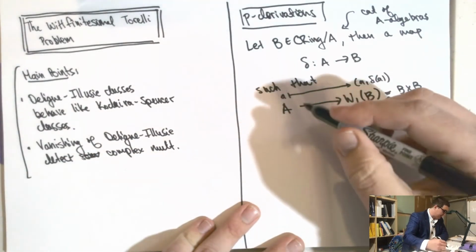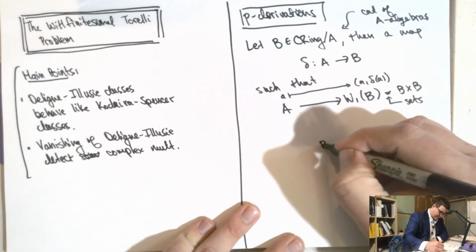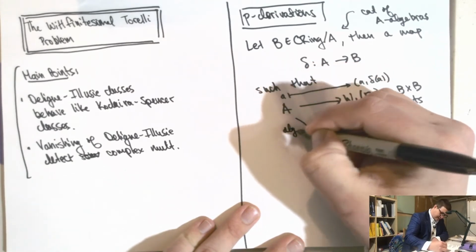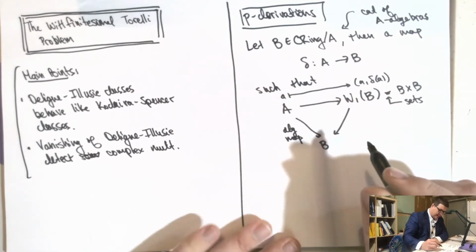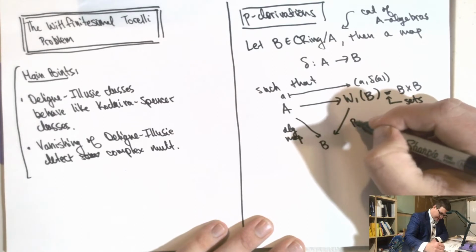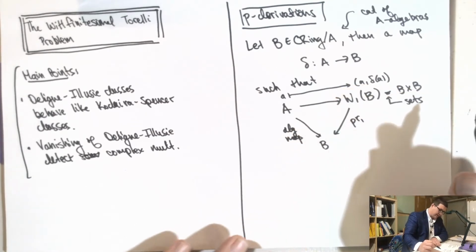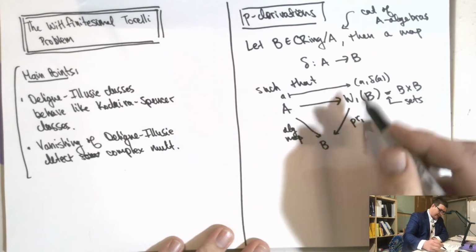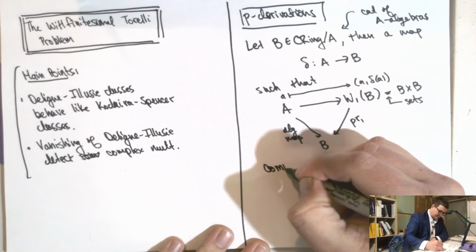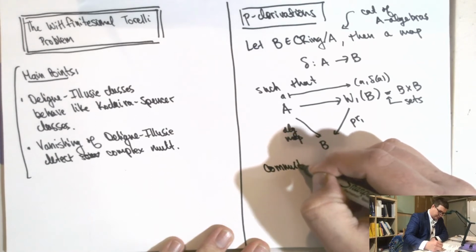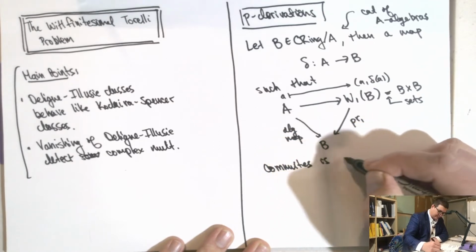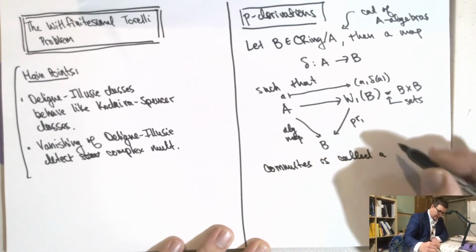Okay, such that this diagram, so here's the algebra map. This is the algebra map. Such that this commutes, and this map here is the projection onto the first component. Such that this diagram commutes is called a p-derivation.